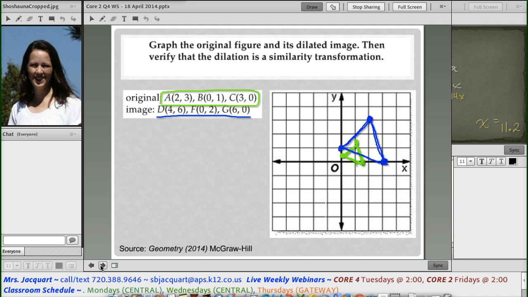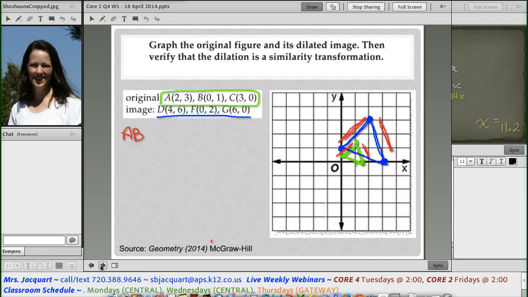Okay. So we did an enlargement. And then what we need to do is verify these distances. We need to verify that distance ratio. It's going to be the same as this distance ratio, which is the distance ratio of everything. So we've got to find the distance of all the parts. So distance AB, and we get to divide that by, whoops, back.